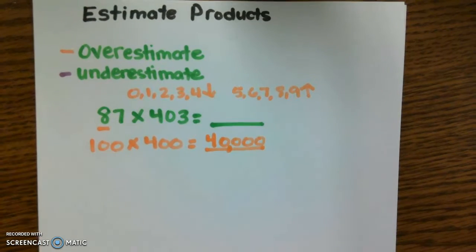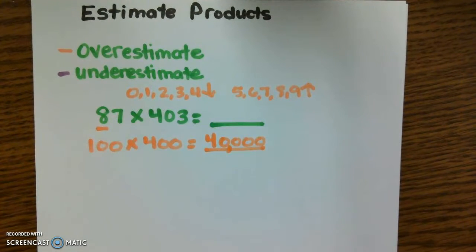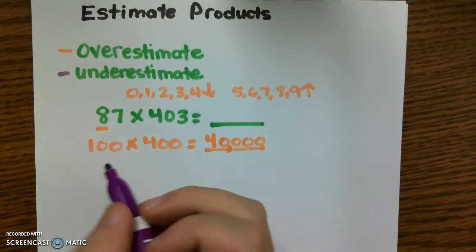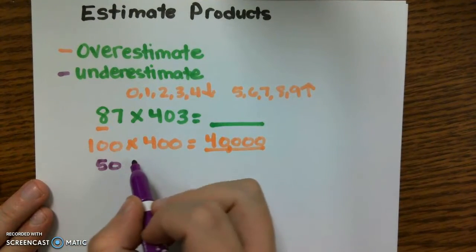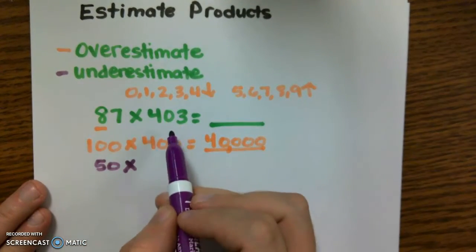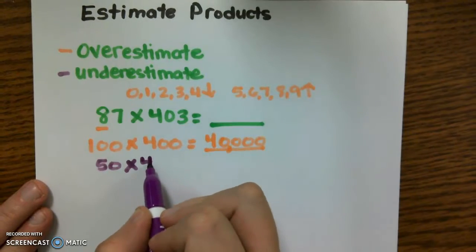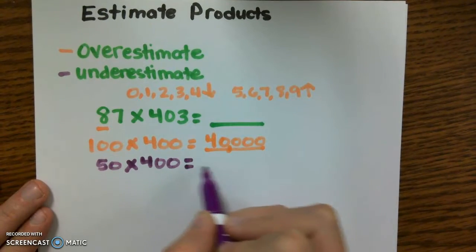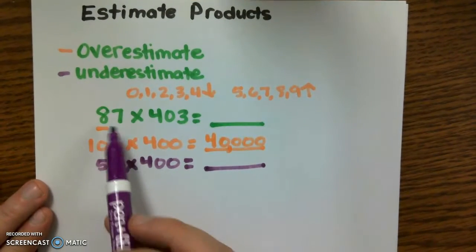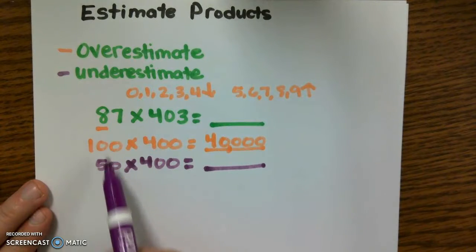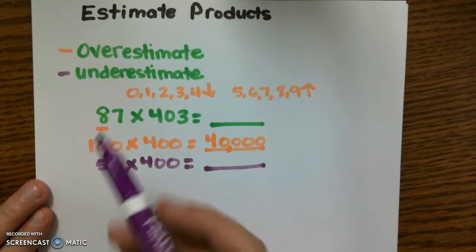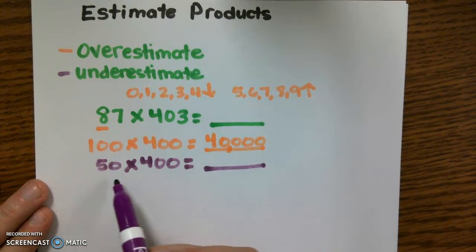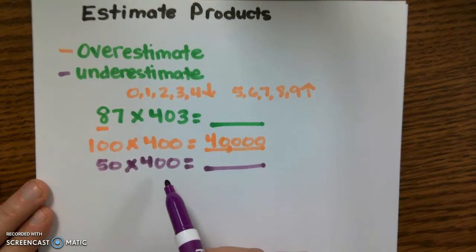But if I did an underestimate and say that I said 87 was closer to 50. So I changed 87 to 50, and I multiplied, and I say 403 is still close to 400. This is an underestimate because I'm going down. I'm saying that 50 is less than 87, so it's an underestimate. It's lower. This is going to be less than my exact product.